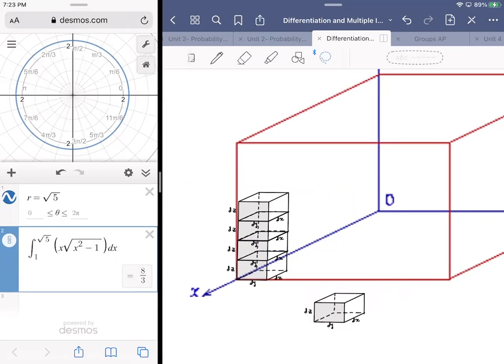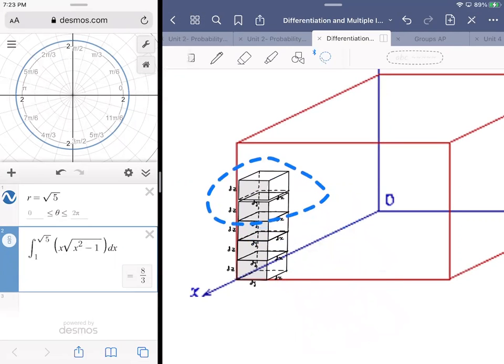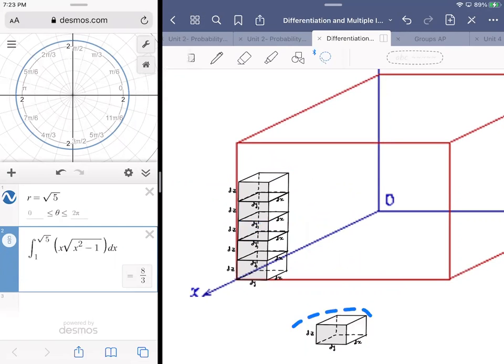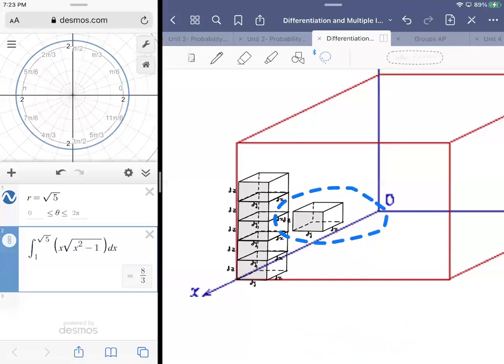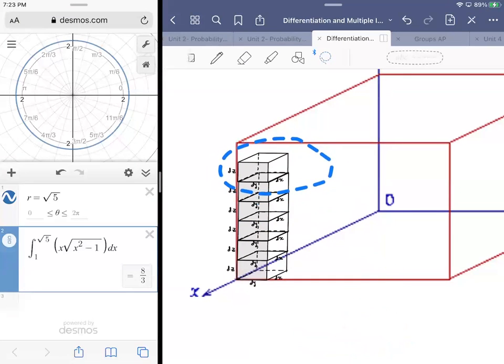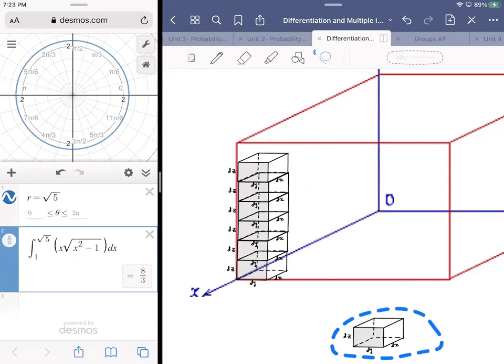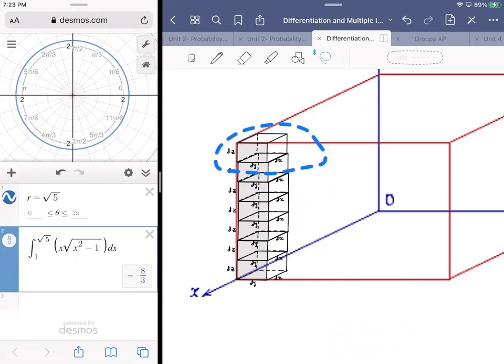See, it's already starting to take a walk on me. All right, so that would be one column.